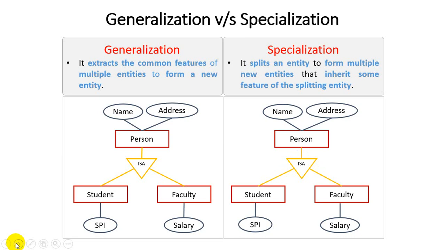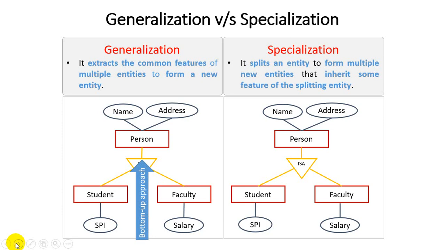And if we have common attributes across different entities and we find them in a single entity, and we can generate a diagram based on that, it is known as generalization. And if we have common attributes but need to split out entities with the unique attributes, it is known as the specialized concept.